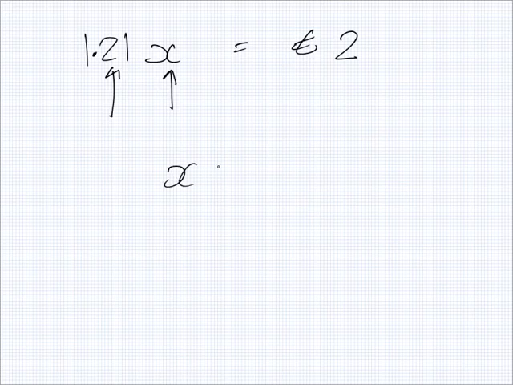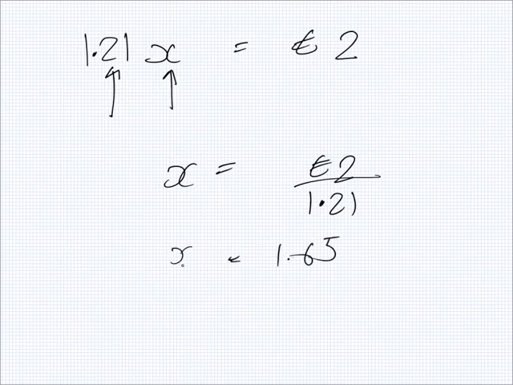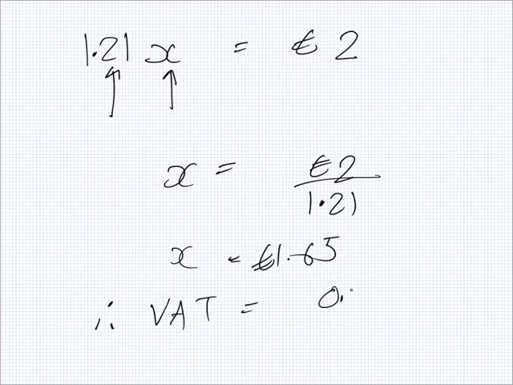So as you said, the old price is 2 euros divided by 1.21. So that is 1.65. That's the old price. So that means the VAT must have been 2 minus 1.65, so it must have been 35 cents. That's another way to think about it.